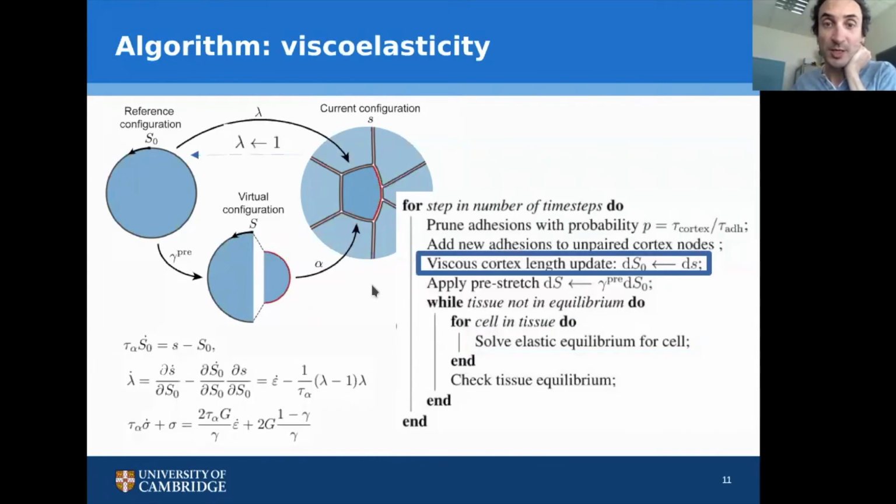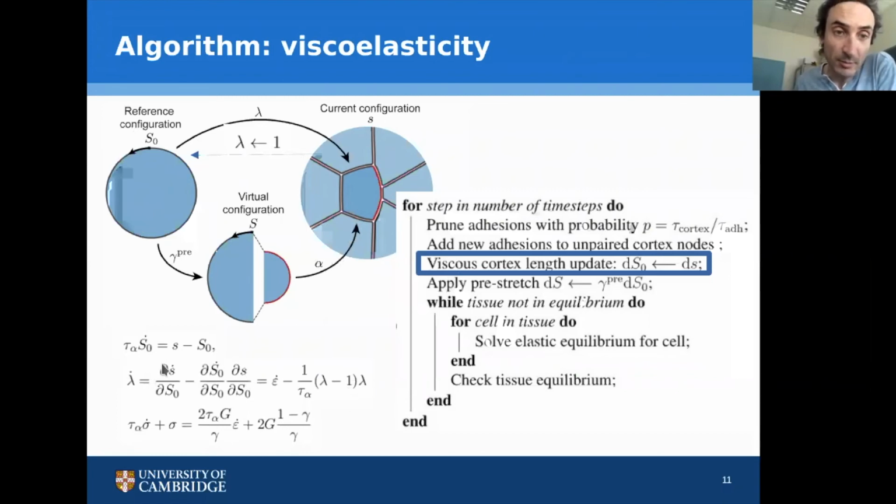So what we do is the poor man's viscoelasticity in the first place. At every time step, so every characteristic time tau cortex, tau alpha here, we completely relax the elastic stresses by resetting the current stretch between the reference and the current configuration to 1. That corresponds to saying that elastic stresses have completely relaxed over this length of time.